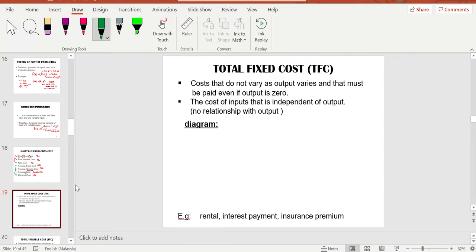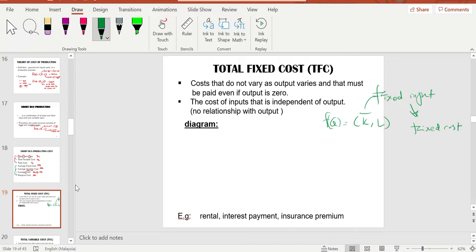Okay, yang ni sama juga tadi yang saya kata, bila kita ada satu input yang fix, which is dalam example kita tadi capital dan juga labor, which is capital ni lah fixed input kan. So hasil penggunaan fixed input ni akan menghasilkan fixed cost.